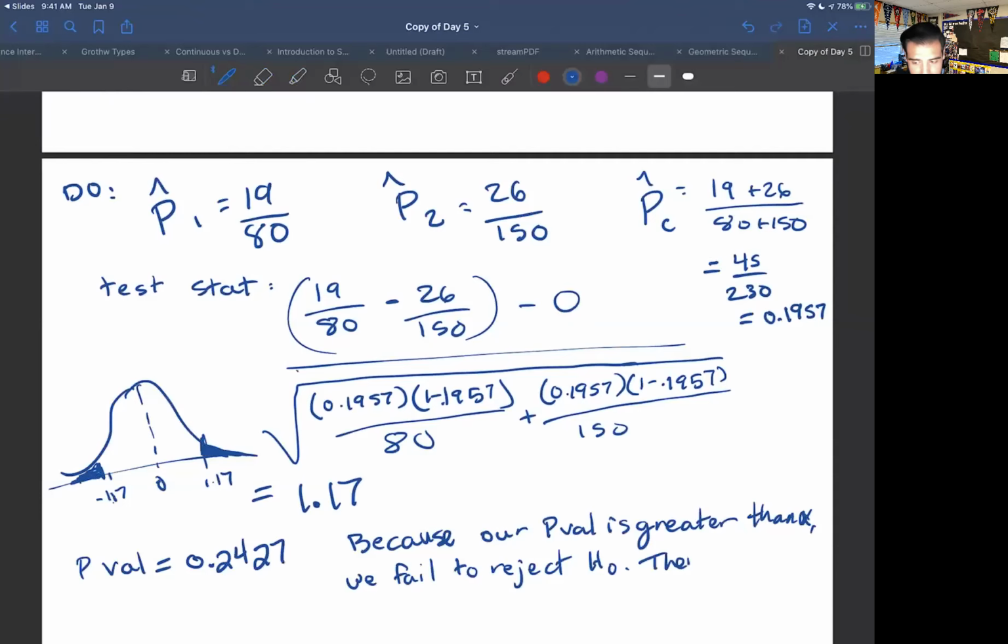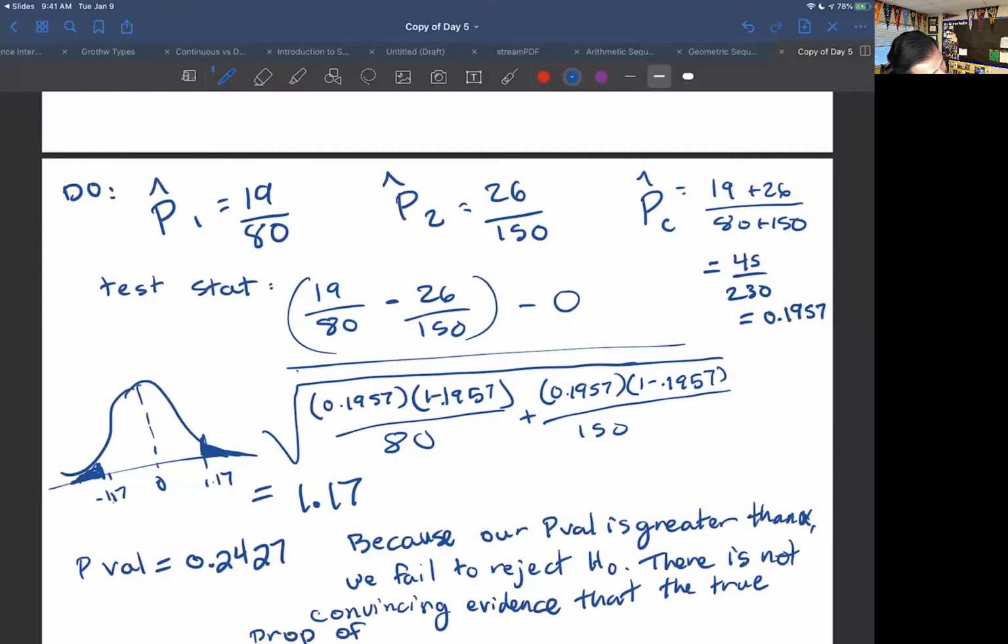I can say there is not convincing evidence that the true proportions of students who did not eat are different.